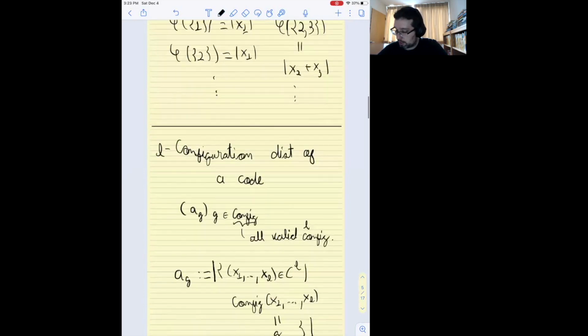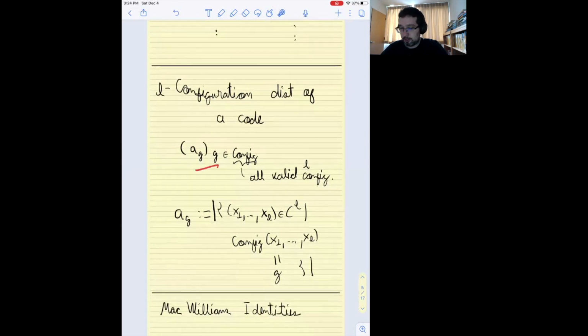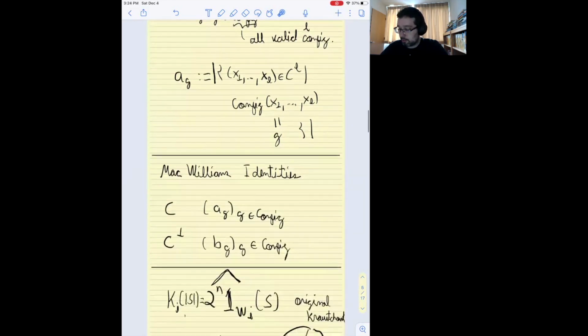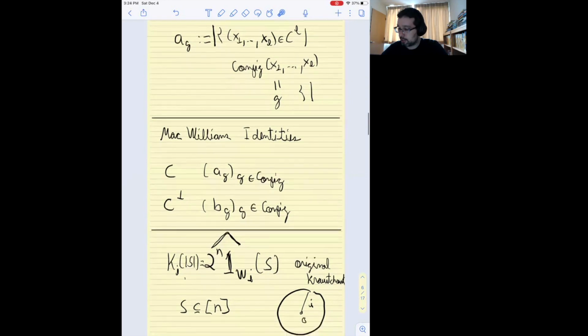And then with this notion of configuration, we can pass to the L-configuration distribution of the code, which is just the collection over all configurations, as in the previous case. So very good, we saw that we can generalize the MacWilliams identities, and in fact the MacWilliams inequalities.